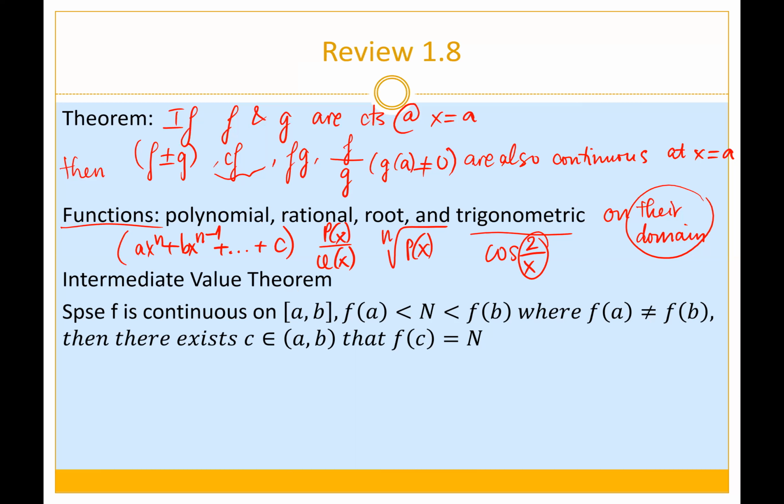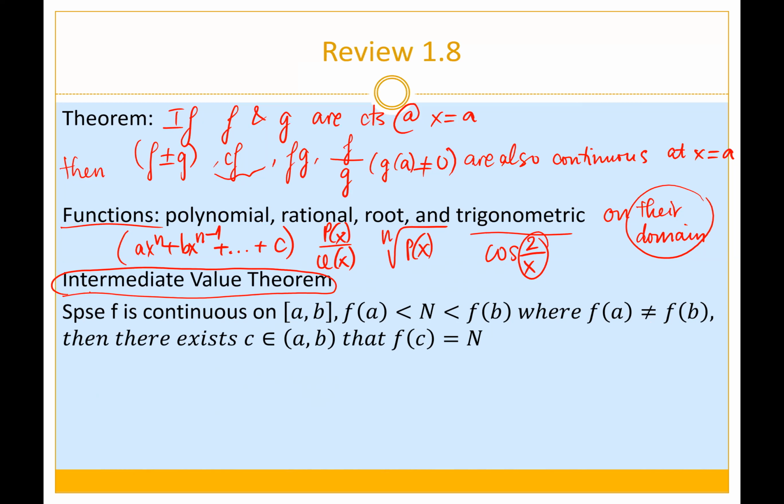And finally, we have a very important theorem called the intermediate value theorem. I think one of the biggest applications of this theorem is that it allows you to prove, say, that your function crosses some line at least at one point in an interval.